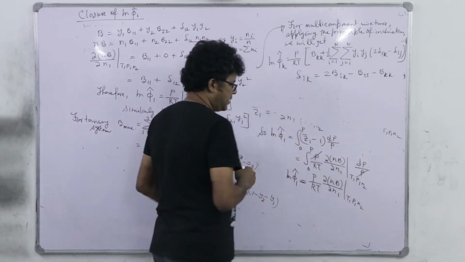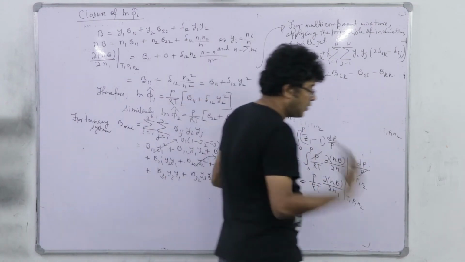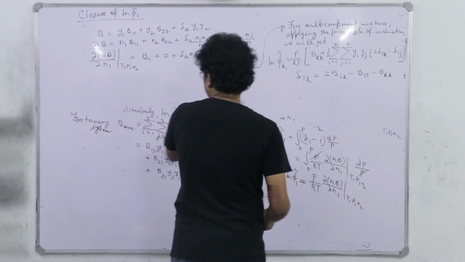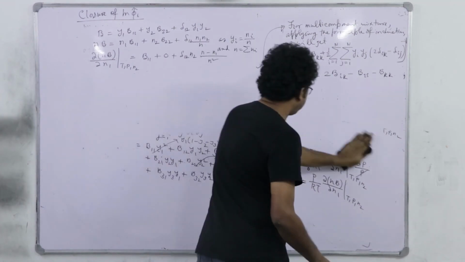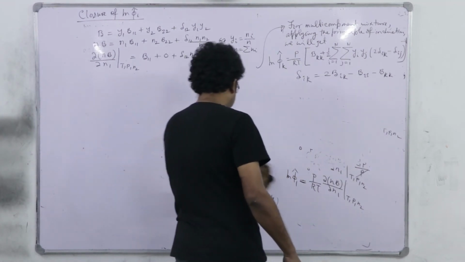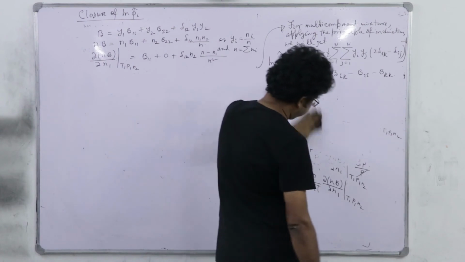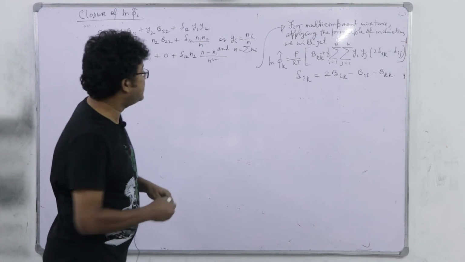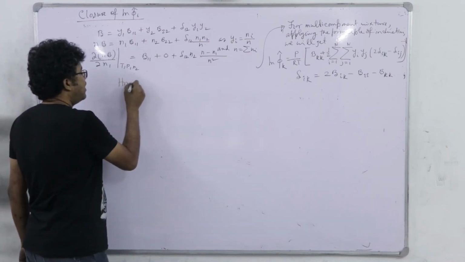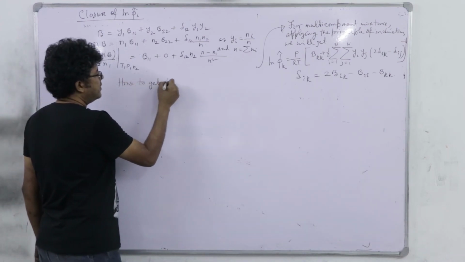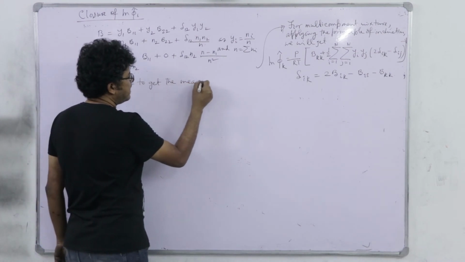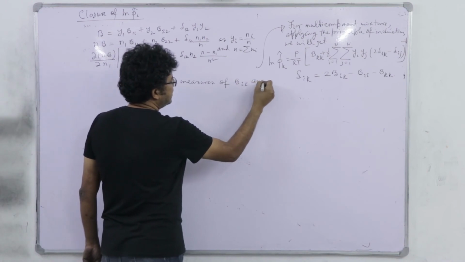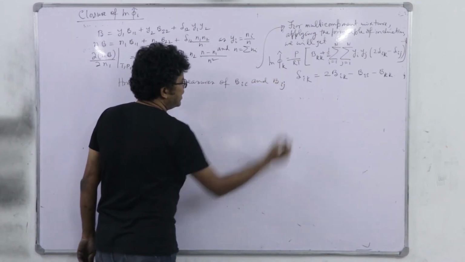Now, next and the last question is how to solve for these Bii and Bij, the pure and the mixed second virial coefficient. How to get the measures of Bii and Bij.